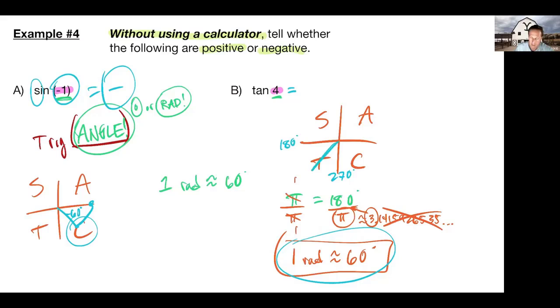Doesn't have to be exact, it's just in this quadrant, which means since it is tangent, we would have been positive if you did actually punch that in your calculator to check. All right? Pretty simple, but this is a way to try to make sense of some of those other values. And we'll hopefully make it make even more sense when we go on to the next chapter and start graphing these things. Okay?